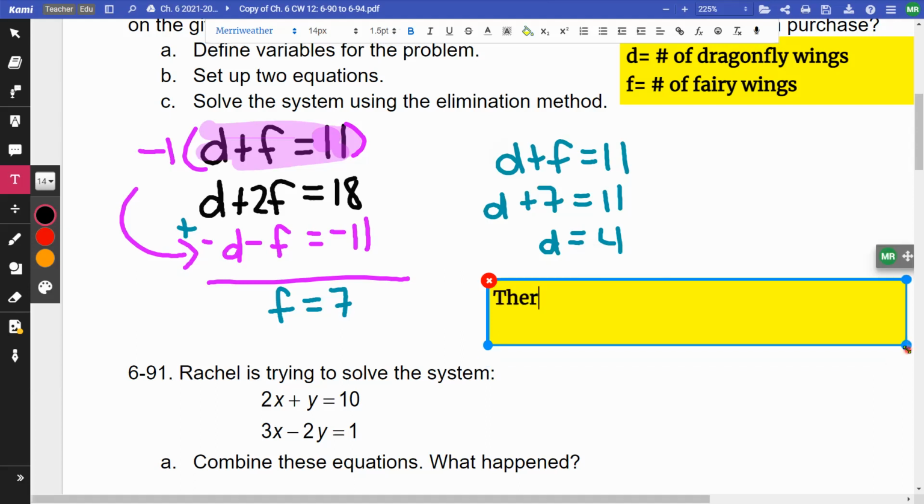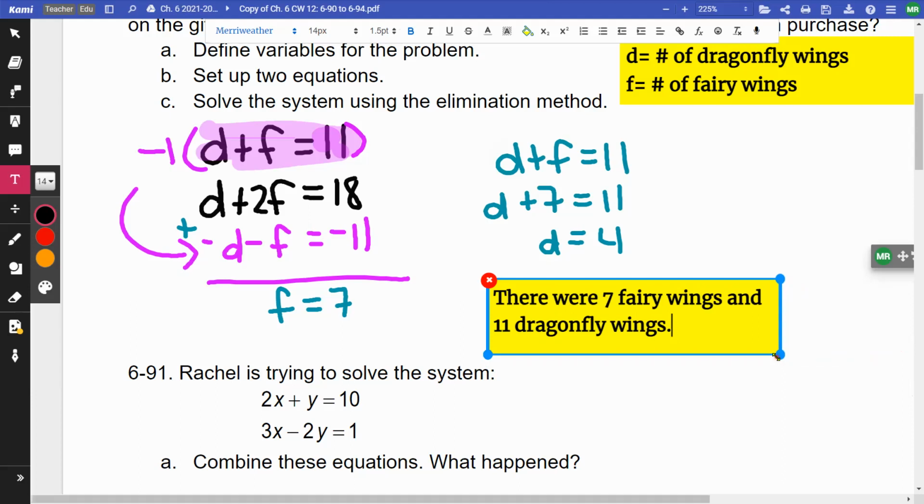So there were 7 fairy wings and 4 dragonfly wings. And there's our answer.